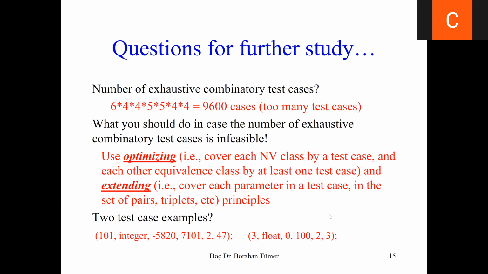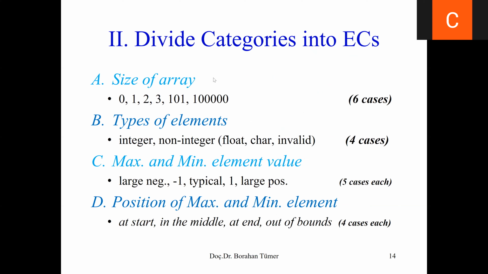Okay. So these are the two possible test cases for black box testing. So now I would like you to draw for me the control flow graph of this insertion sort.